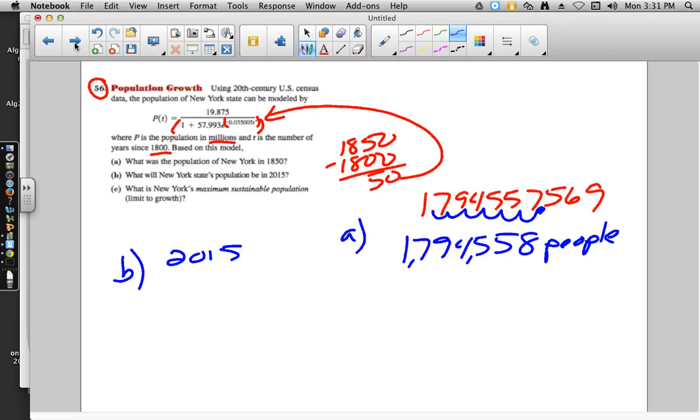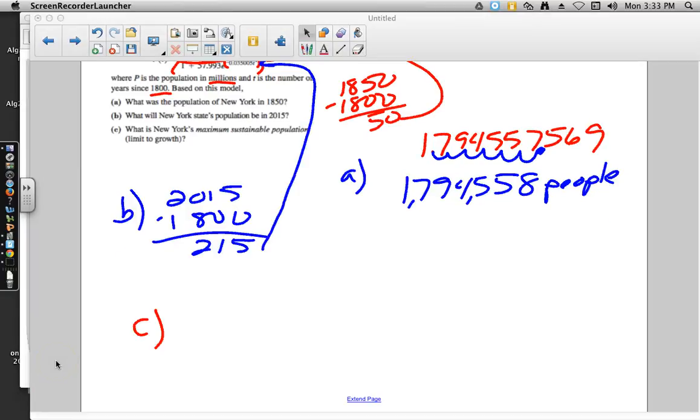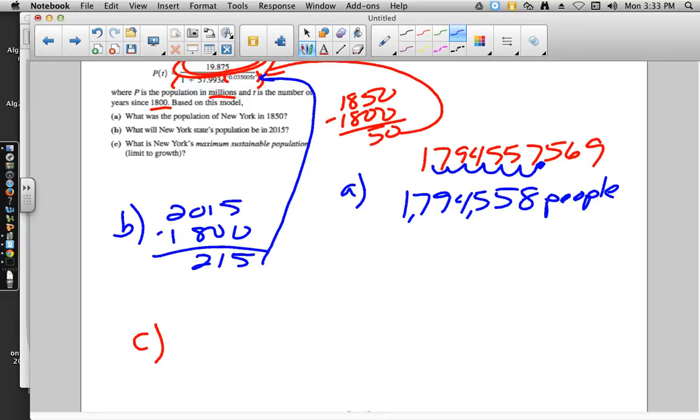Well, 2015 minus 1800 is really asking us to figure out 215 years later, how many people are there? Like we did for part A, we're going to have to very carefully punch in a 215 as part of this power that we see up here.